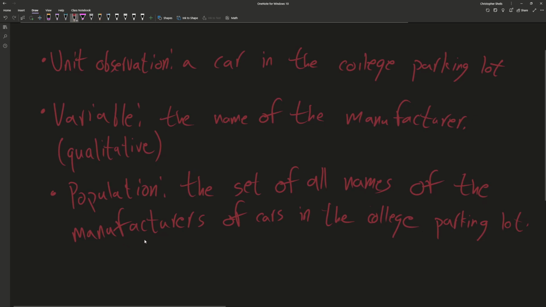The sample is going to be the set of recorded names of the manufacturer of the cars in the college parking lot. So the sample is going to be the set of names that you end up actually recording. Remember that this is not the entire population, because in this case we're only recording the manufacturer of every fifth car.